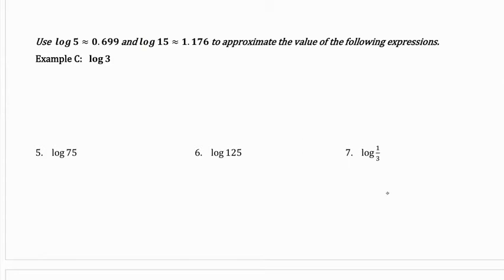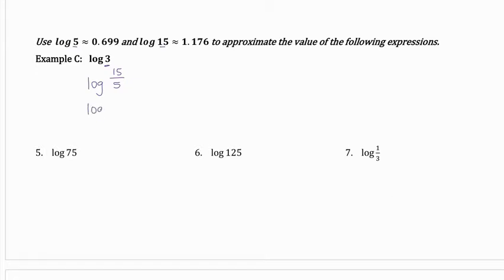So I need to come up with some way to get a 3 out of my 5 and my 15. Well, if I do 15 divided by 5, that's the same as 3. So I'm going to rewrite this as log of 15 divided by 5, because 15 divided by 5 is the same as 3. And then I can use my expansion property here, because that's division, to make it subtraction.